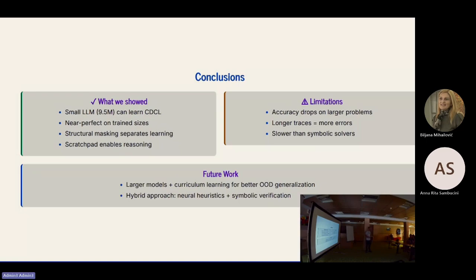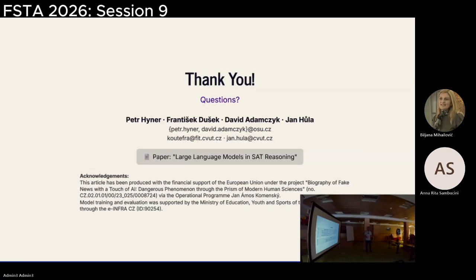There is also a limitation: there is an accuracy drop between in-distribution and out-of-distribution data, and longer traces produce more errors. For future work, we would like to focus on a hybrid solution, which is a combination of solvers and large language models. That is all. Thank you for your attention.